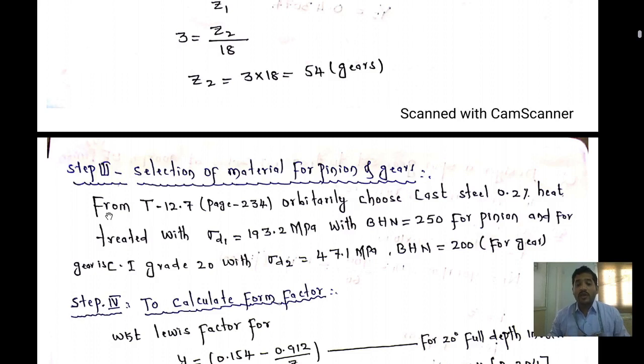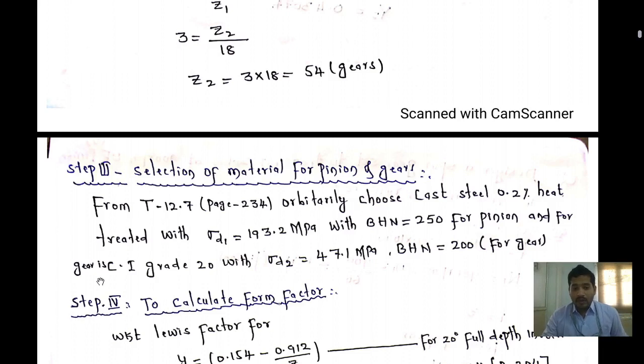First of all, we need to select cast steel, 0.2% carbon, heat treated, for the pinion. For the pinion we consider the static strength sigma d1 equal to 193.2 megapascal, and the Brinell hardness is 250.